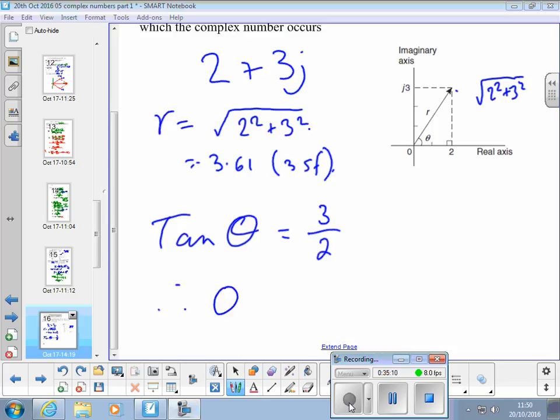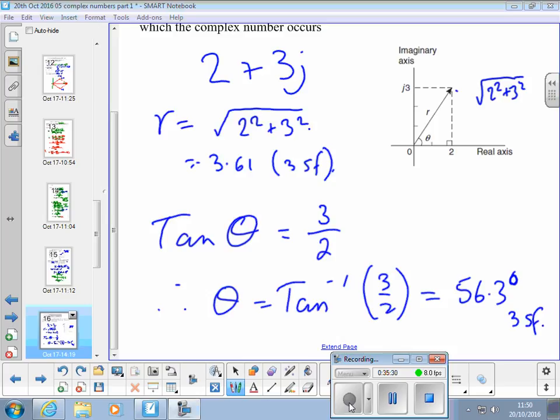Therefore, theta is the inverse tan of 3 over 2, which equals 56.3 degrees to 3 significant figures. So when you do that conversion, Paul, that's what your calculator is doing, separately, those two calculations for you. Tan minus 1, 3 over 2.